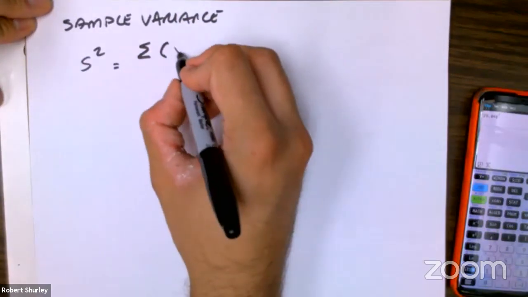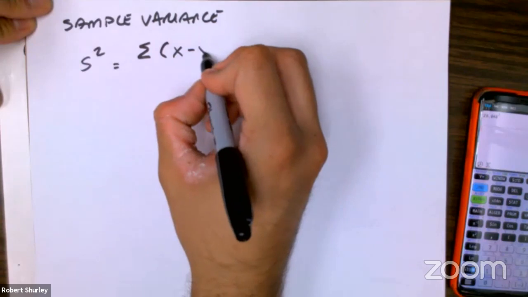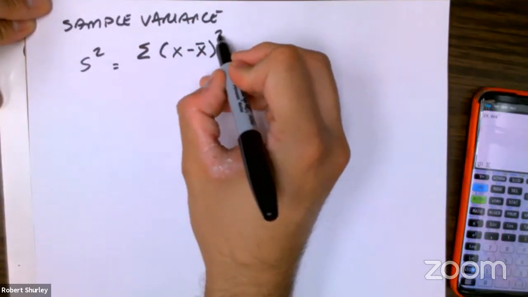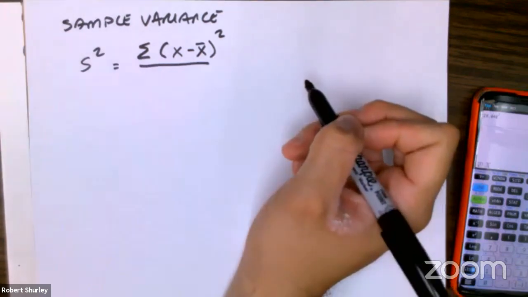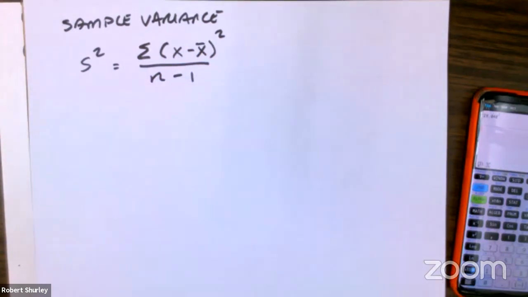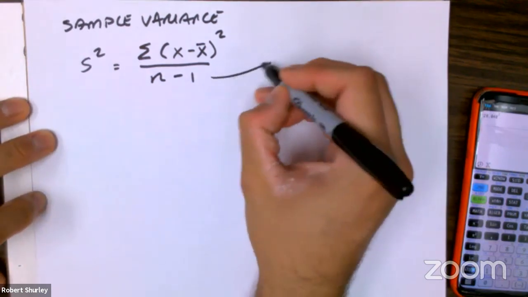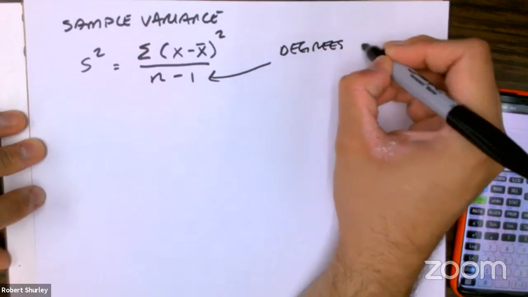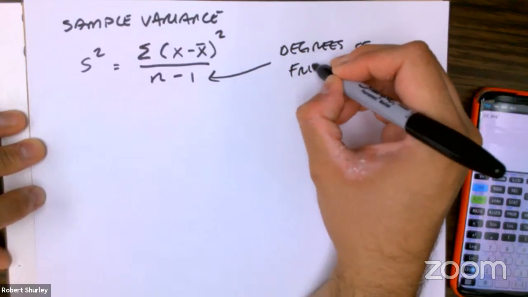The sum of each value minus the average, but remember average with sample is X bar, squared, but instead of dividing it by n, you're going to divide it by the sample minus 1. And that denominator is called the degrees of freedom, okay?